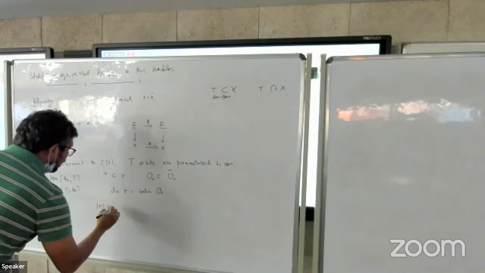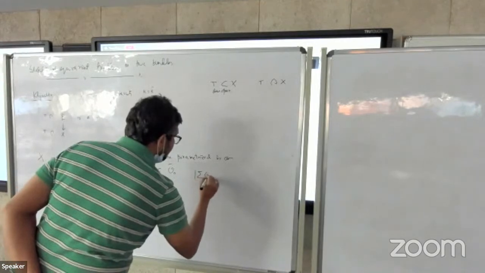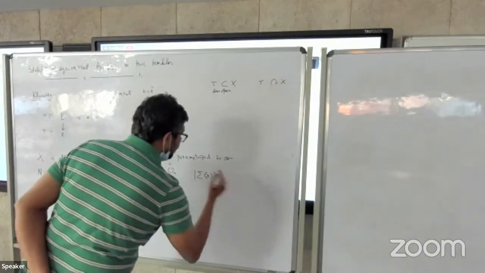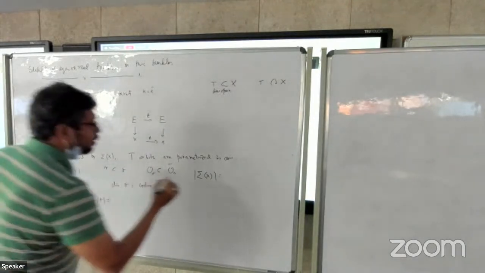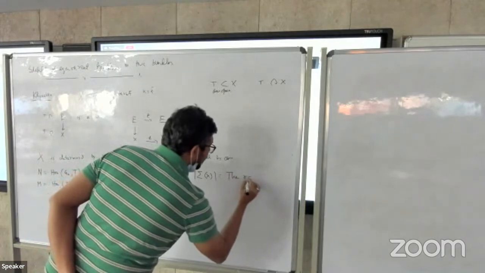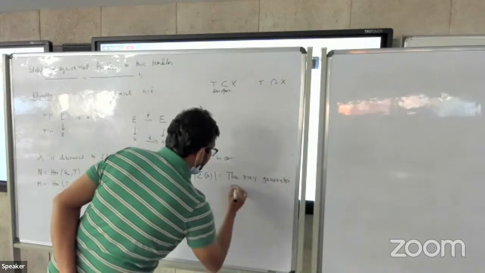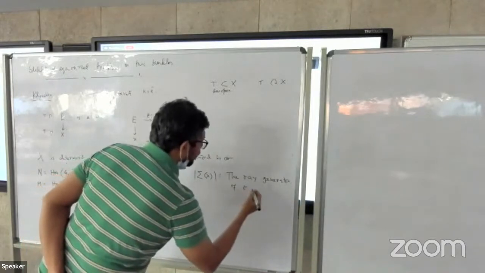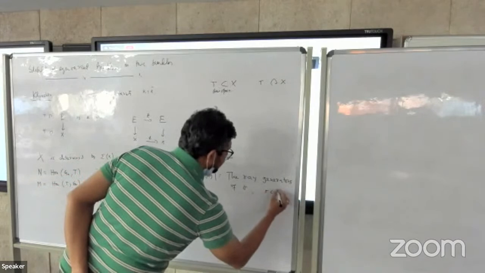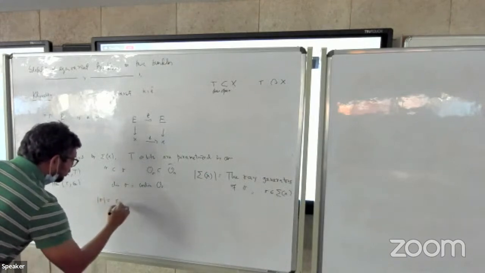Let me write sigma bar as the generators of the cone. So these are the ray generators of sigma, where sigma belongs to Sigma X. Then you write sigma bar as the ray generators of sigma.